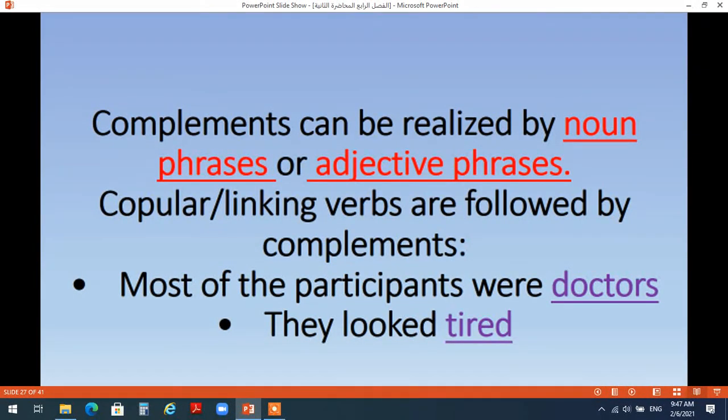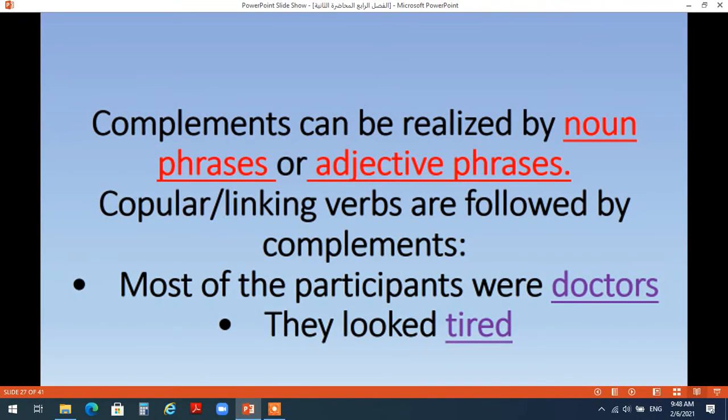Complements can be realized by either noun phrases or adjective phrases. إذا ممكن أن نحصل على الcomplements أما باستخدام عبارات اسمية noun phrases أو adjective phrases أو عبارات وصفية. Copular or linking verbs are followed by complements. كما قلنا الأفعال copular أو linking أو الأفعال الرابطة تكون متبوعة بالcomplements.